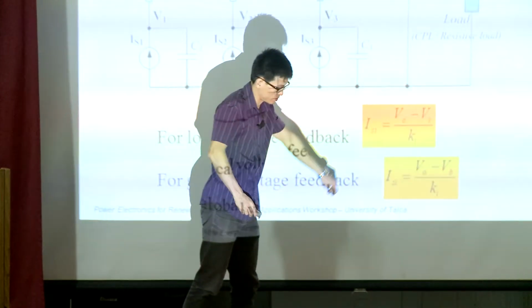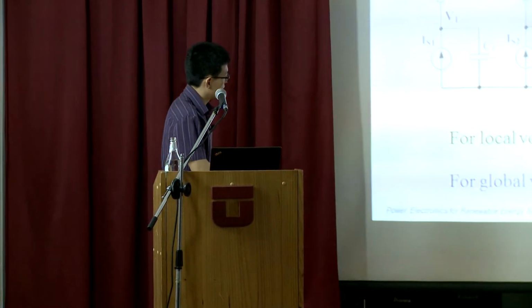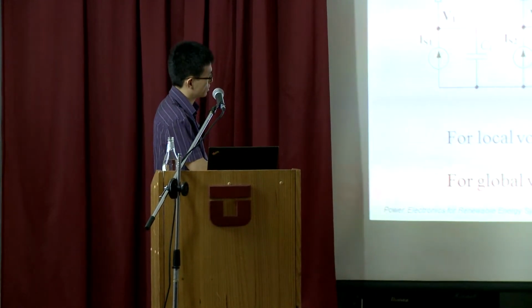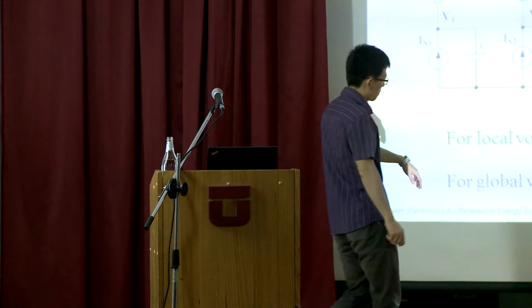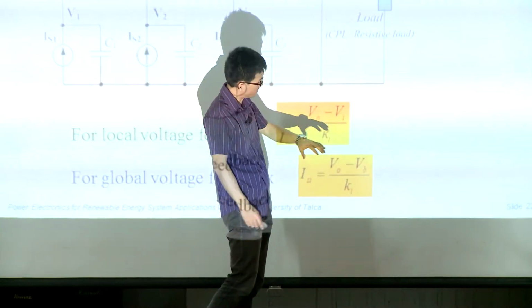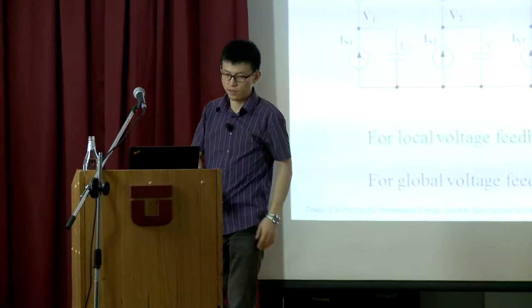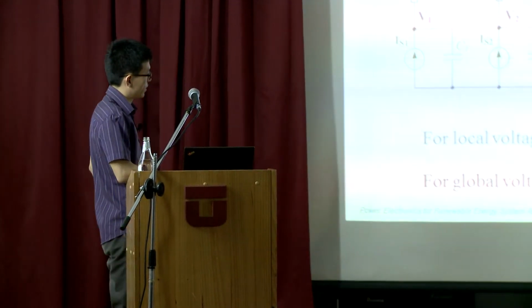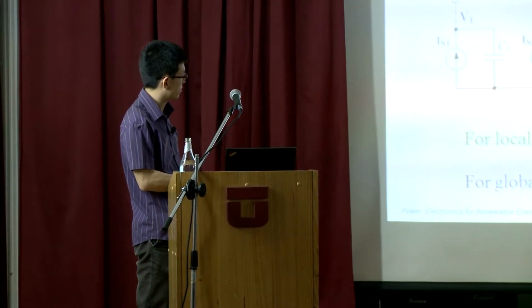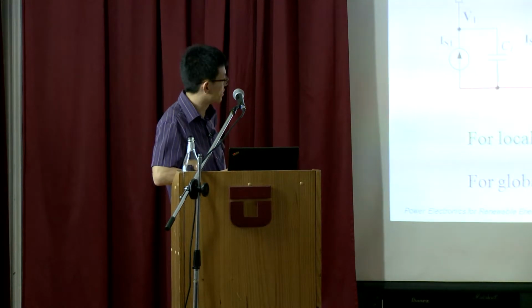The current sources, I1, I2, I3, are essentially equal to this: the reference VO, the open circuit voltage, minus the feedback voltage, over K1. This K1, K2, K3 we call the droop gain.